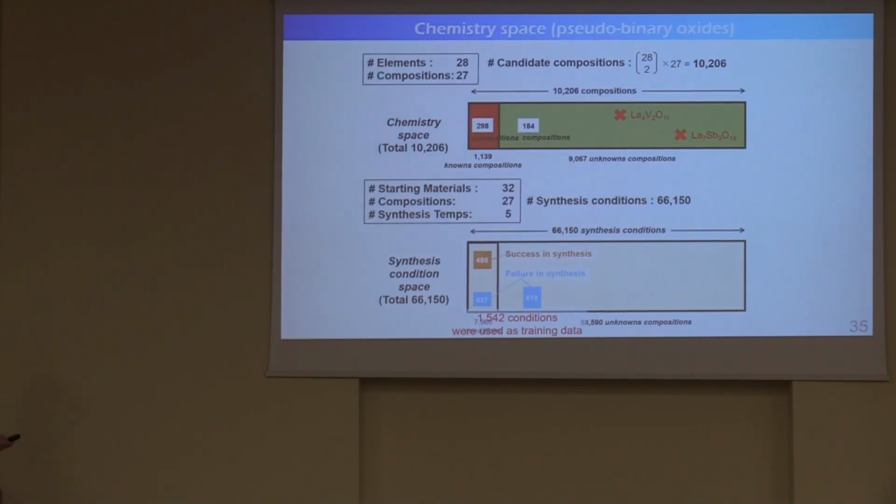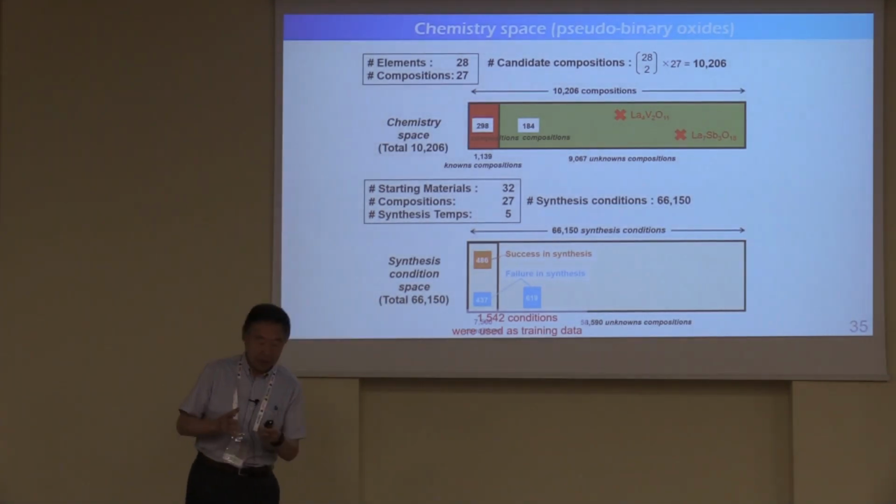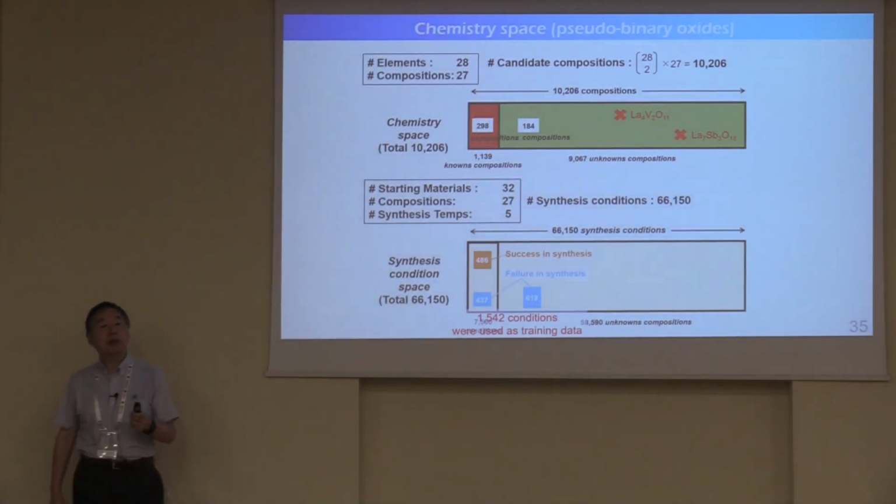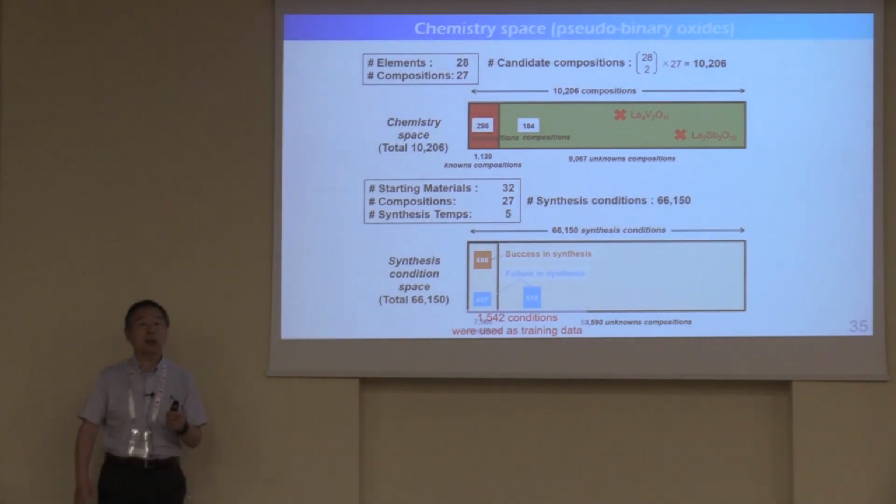Using this type of recommendation system is not only useful to predict something theoretically, but also useful for the real synthesis of this type of new compound. And I think this is quite promising. So I leave some time for your questions. If you have any questions, please do not hesitate to ask.